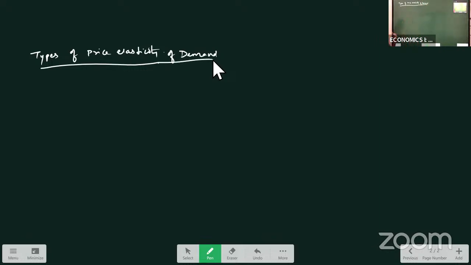We said demand is changing in response to change in price of the commodity. How much price changes, to that how much demand is changing. That percentage we are calculating over here. So now let us discuss the various types of price elasticity.